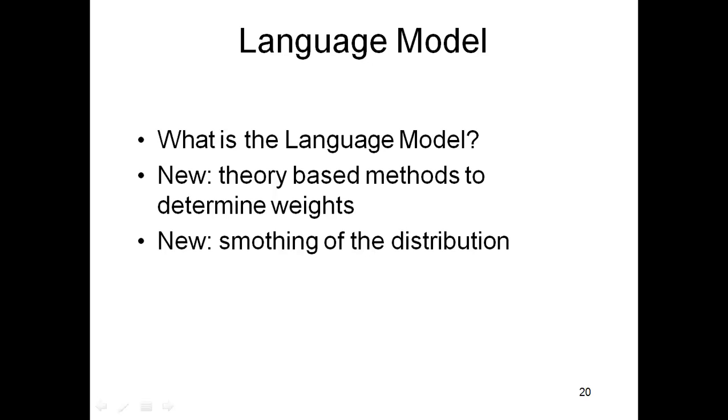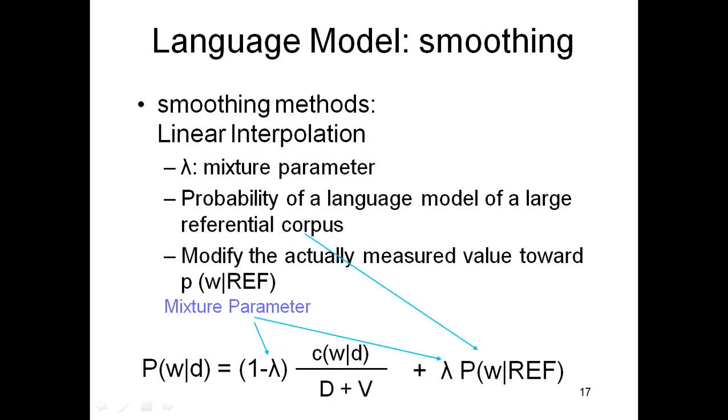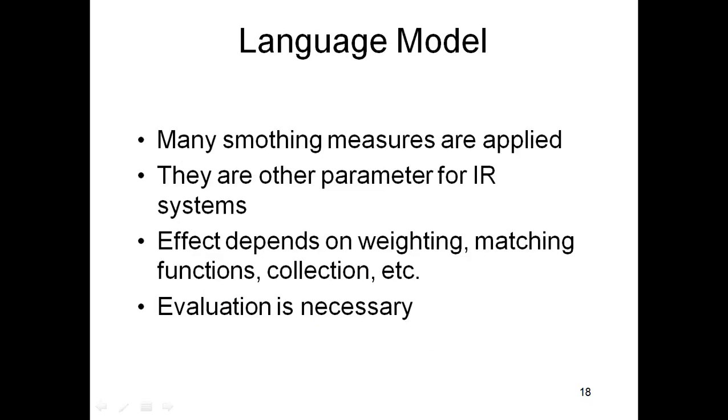Other than that, it's not really something fundamentally new, and we see a lot of similar things that we also have seen in other models, like the TF, basically the frequency of a word, the word count. Of course, that is C of w in D. That's basically the TF. Same thing, right? Just dealt with differently. Out of TF, we make a probability here, normalize, and we do the smoothing step.